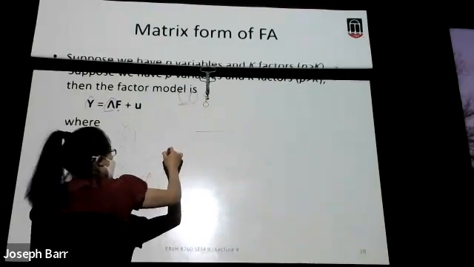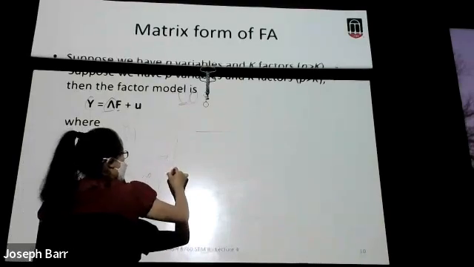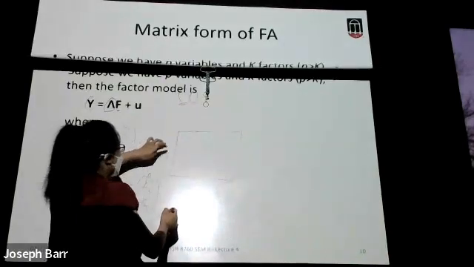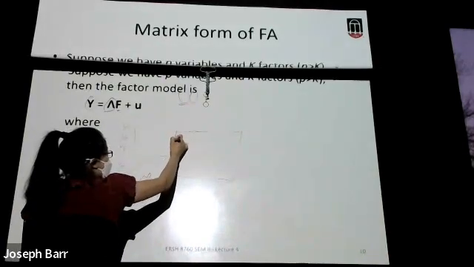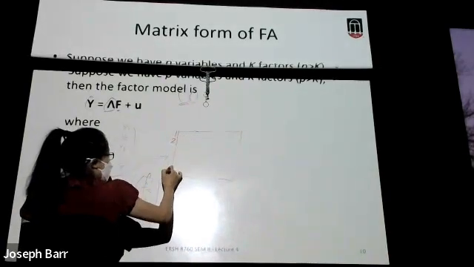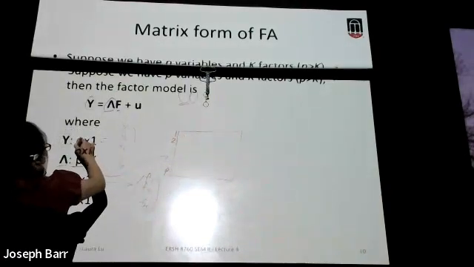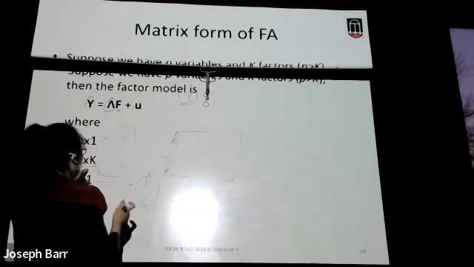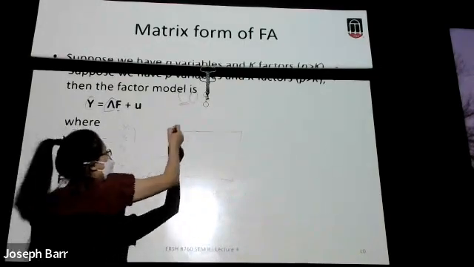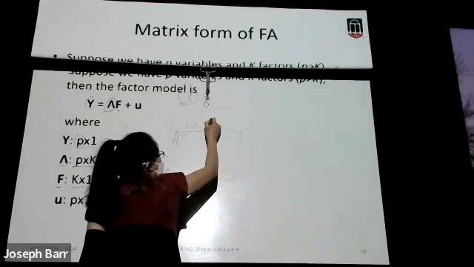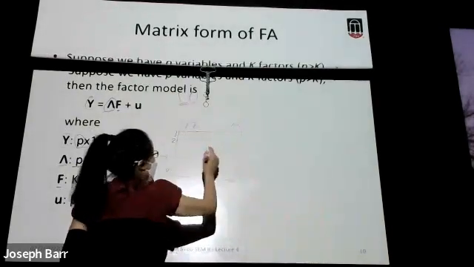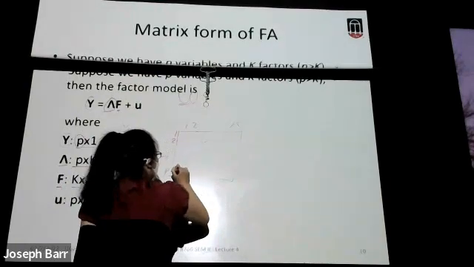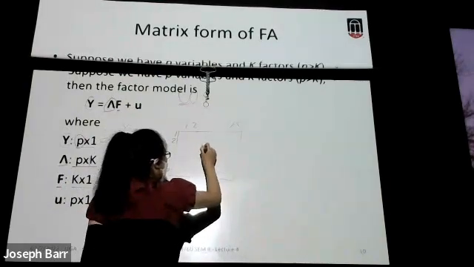Lambda is a huge matrix. It's not a vector. It's p by K. So we have p rows: first row, second row, up to p rows, because we assume there are p variables. And how many columns? We have capital K columns: column 1, column 2, up to capital K columns. All of these values are just lambda values.